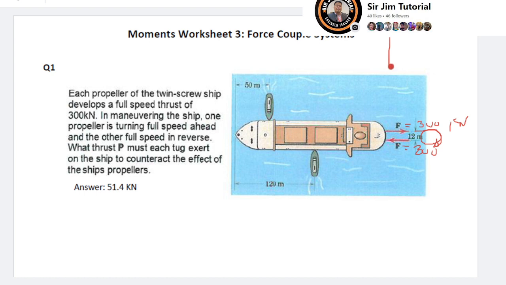So if you have this one is F, and the other one is going here, also F. So your moment here, or the couple, is just F times 12. 12 is the distance, D. In other words, F times D. From here, going here.